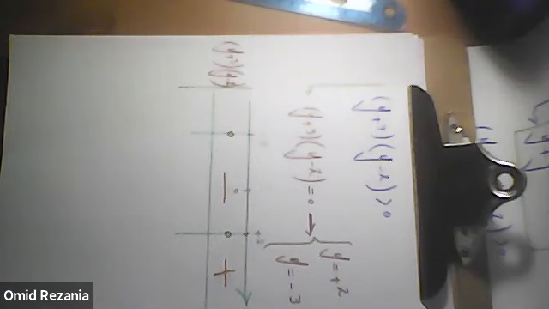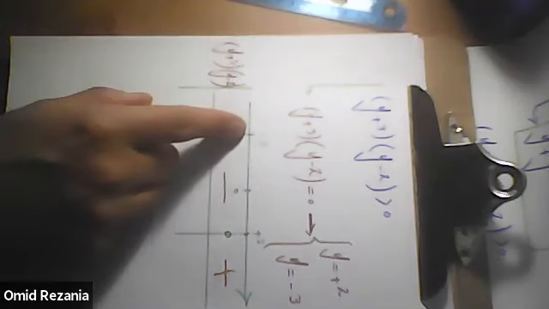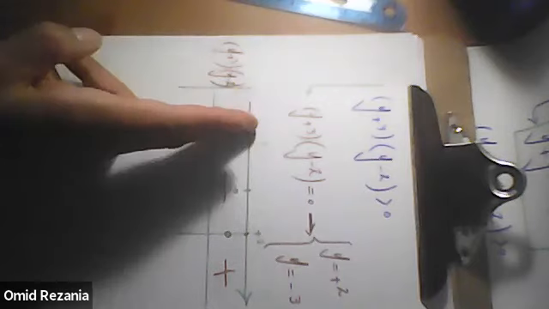But there is one interval which is left, which is x is less than -3 on the other side.